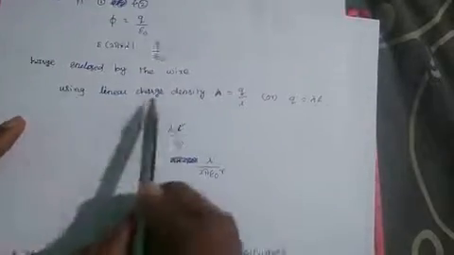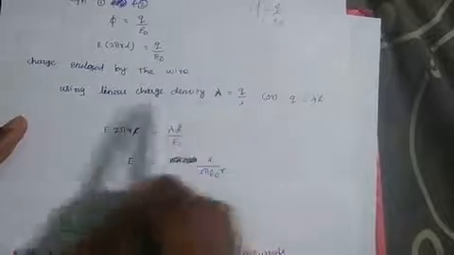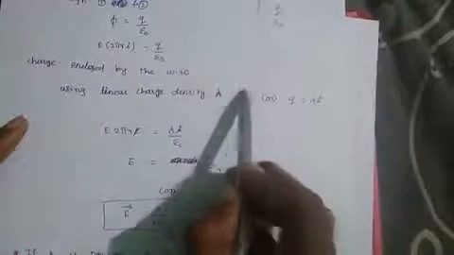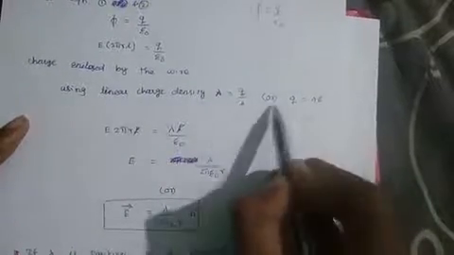The charge enclosed by this length can be found using the linear charge density formula: linear charge density lambda is equal to Q by L, or Q is equal to lambda L. When you replace the values, E 2 pi RL is equal to lambda L by epsilon naught.